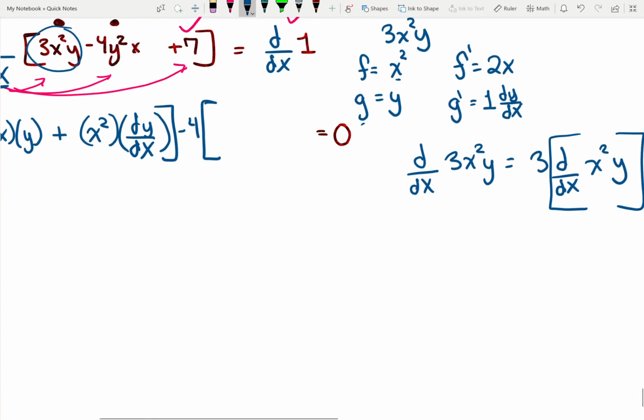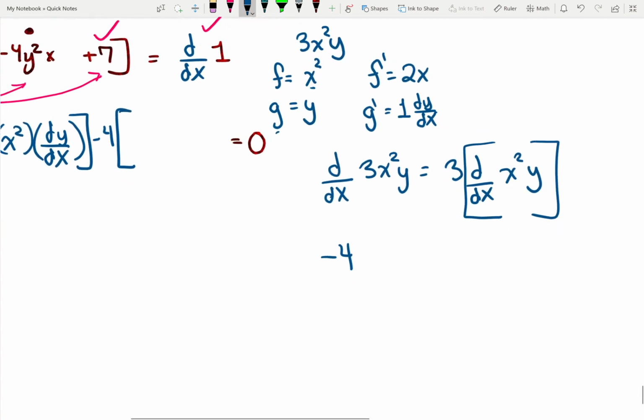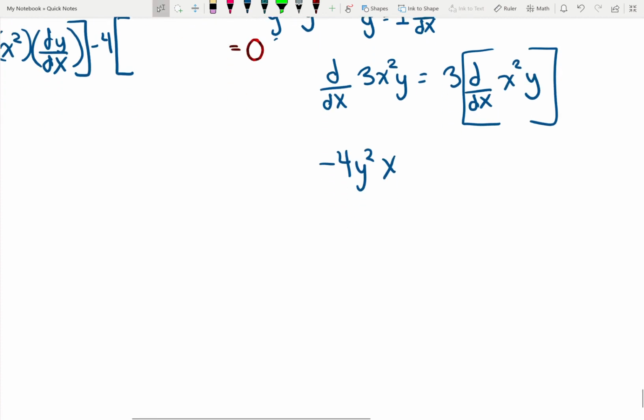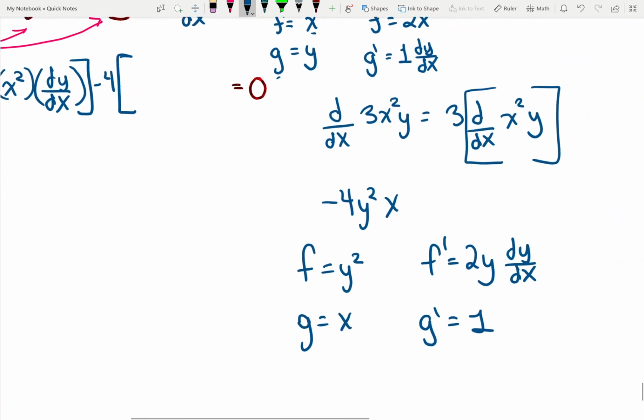So now we want to take the derivative of this one, minus 4 y squared times x. So this time, f will equal y squared, g will equal x, so f prime will equal 2y dy/dx, and g prime will equal just 1. So let's piece them together.